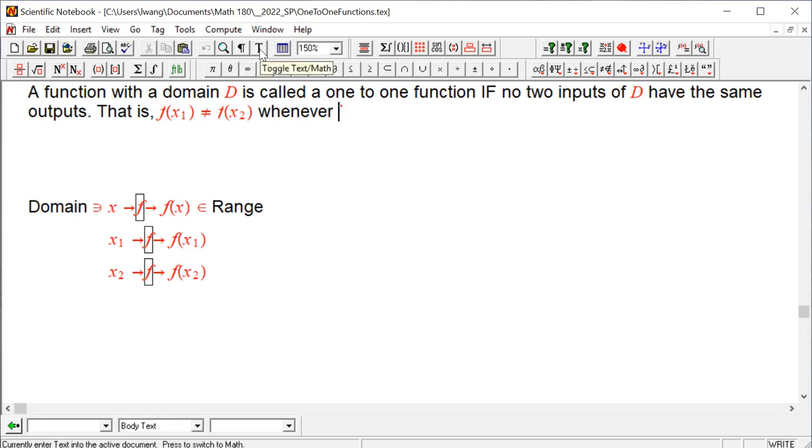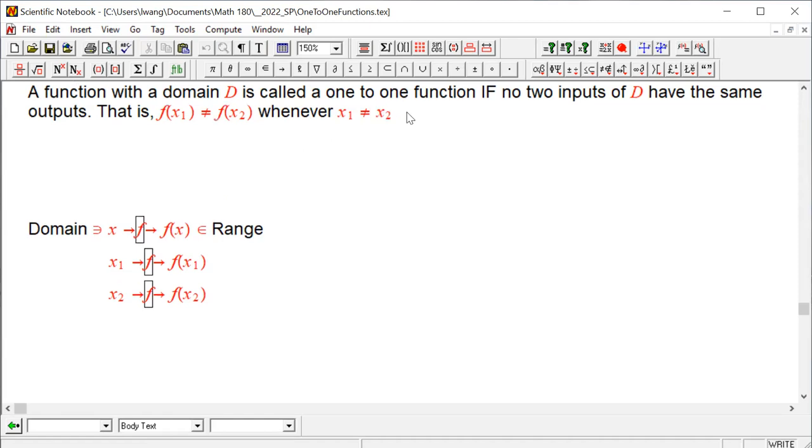So whenever the input x sub 1 is not the same as x sub 2, the outputs are different. This is the definition of one-to-one function. Anytime your inputs are different, the outputs are different. And that's what is expected of a one-to-one function.